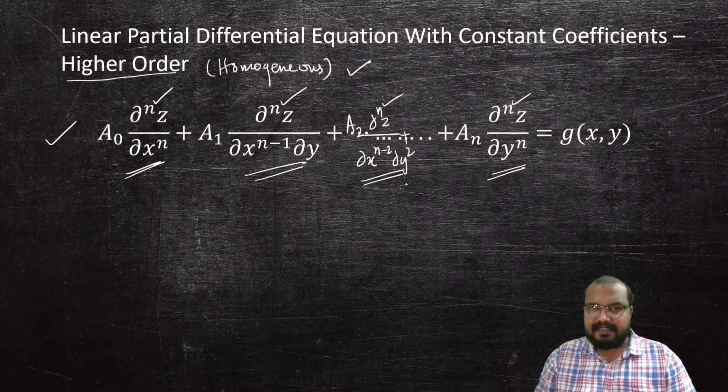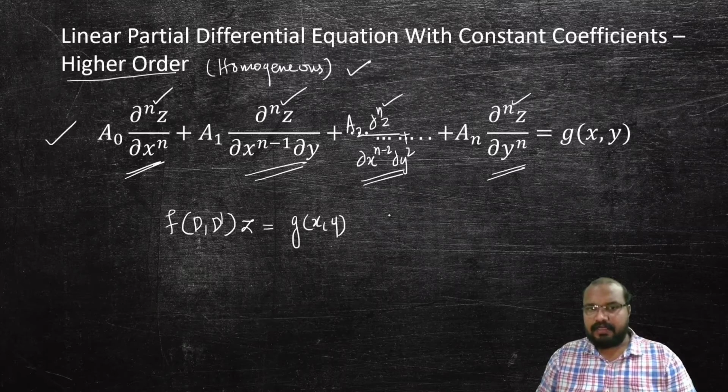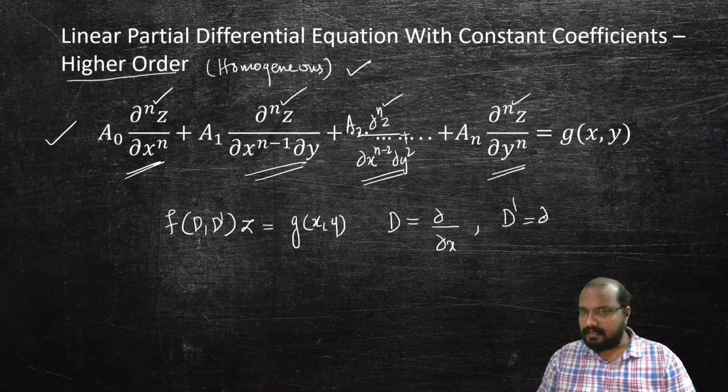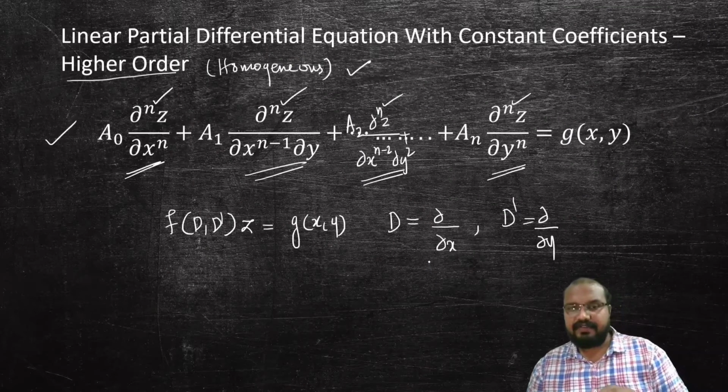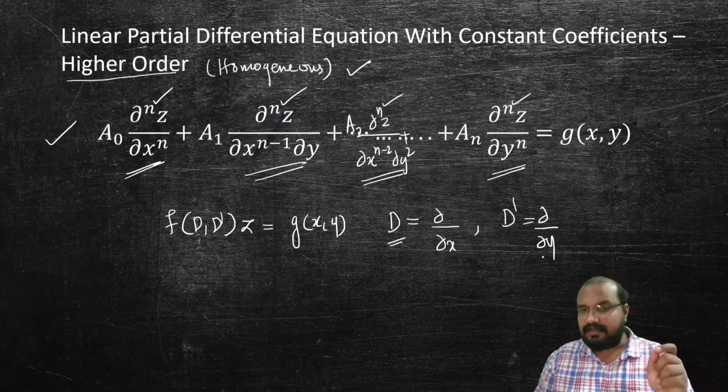Now we can rewrite this equation into f of D, D dash into z equal to some g of xy. Okay, where D is ∂/∂x and D dash is ∂/∂y. That is, we can represent the derivative with respect to x as capital D, and derivative with respect to y as D dash.